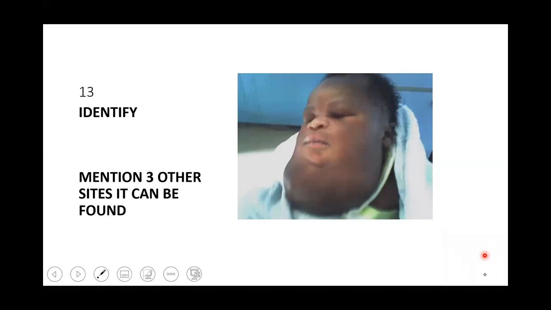Yes. You should also remember these are among the swellings that brilliantly transilluminate light. Okay. Yes, sir.